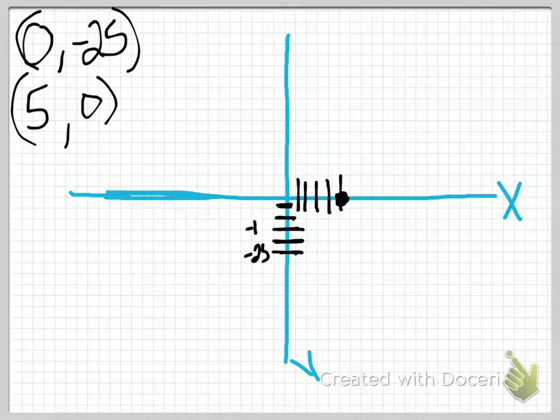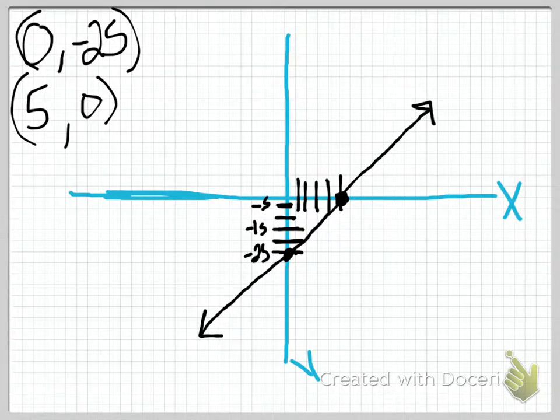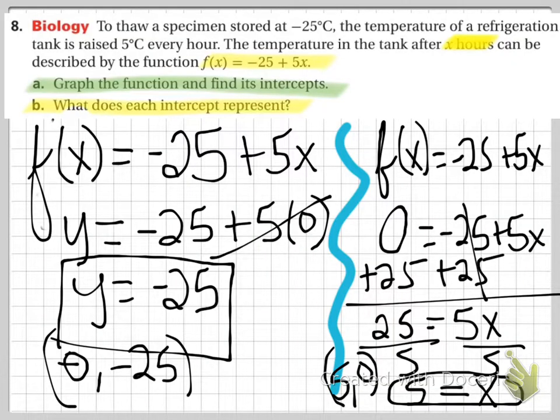So that was negative 15, that was negative 5. So I'm going to put a dot right there. And then connect the dots. And then remember, we have to go back to our problem. And it told us, what does each intercept represent?